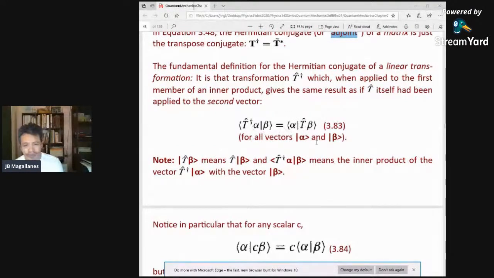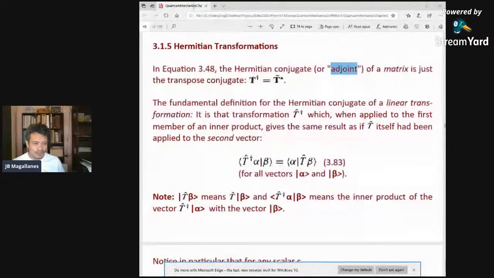So if T is Hermitian, then you can transfer T from one vector to another. But if you transfer this T adjoint to the other side, beta, then that's just T hat. You don't get the adjoint.